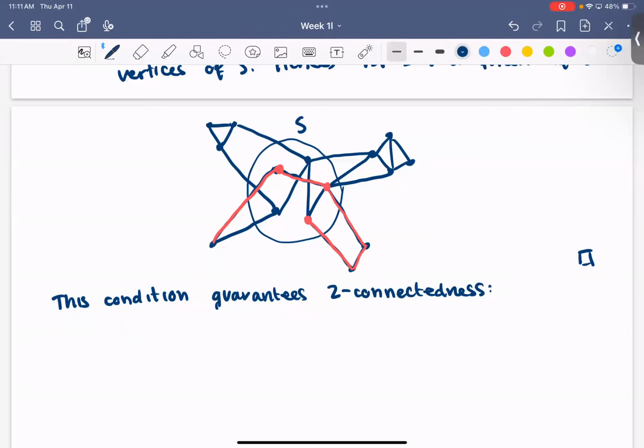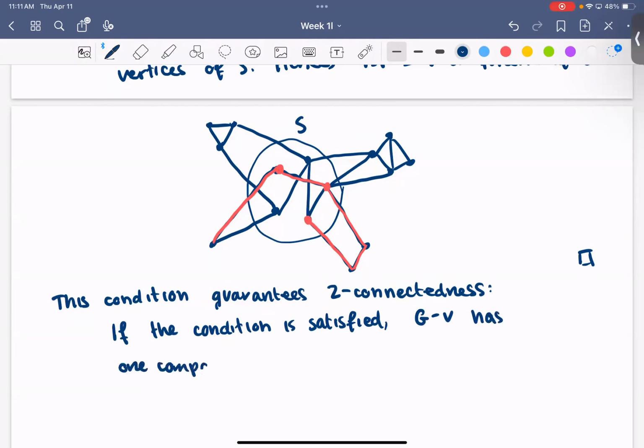So if the condition is satisfied, then G minus a single vertex has one component. So it's connected.